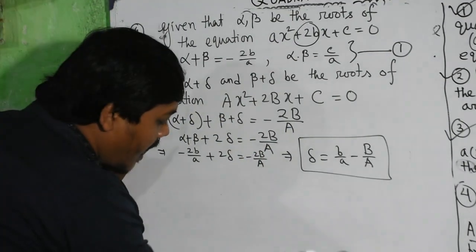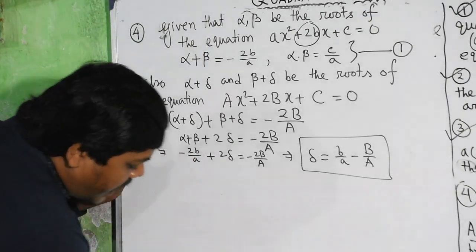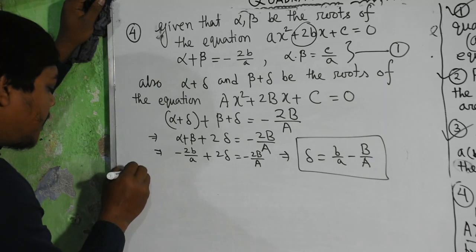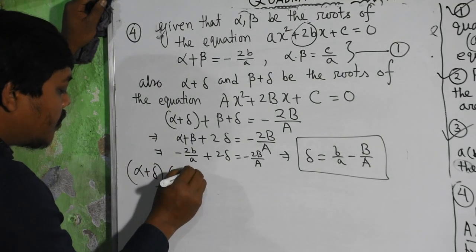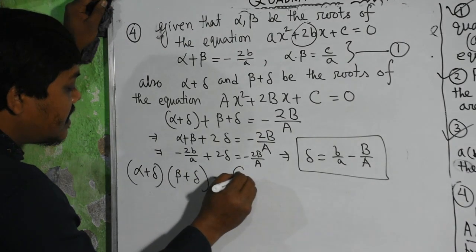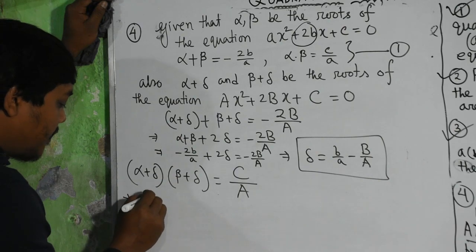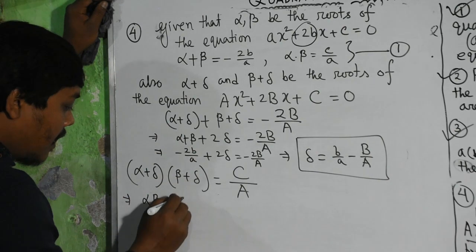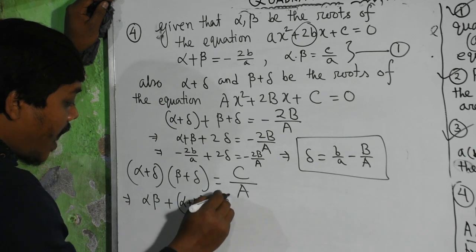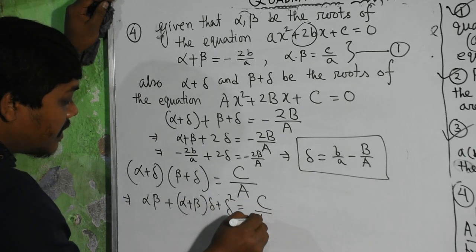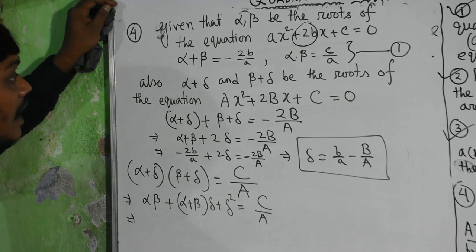Okay, and from the condition of the product of the roots alpha plus delta and beta plus delta, the product of the roots equals capital C by capital A. So after simplification we will get alpha beta plus alpha plus beta into delta plus delta square equals capital C by A. So now what is the value of alpha into beta?